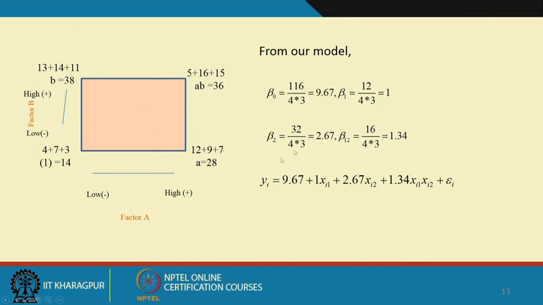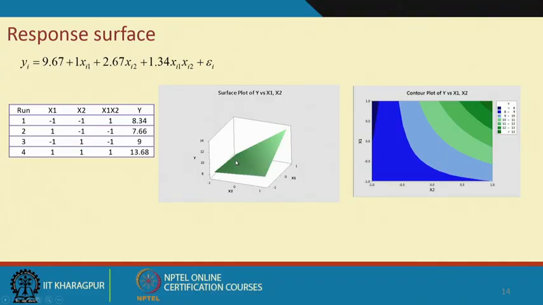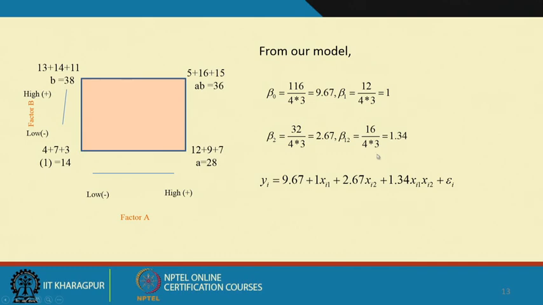Now, the advantage of having this model is that we can go for a response surface. So, this is our run, these are the data, and this is the response surface plot for this particular equation. Here x 1, x 2, and how y is changing. You see that it is almost a plane, perhaps because of the beta 1 2 value.